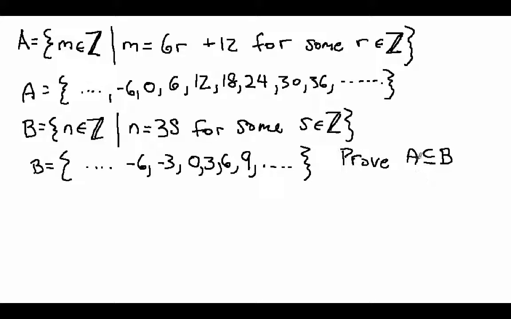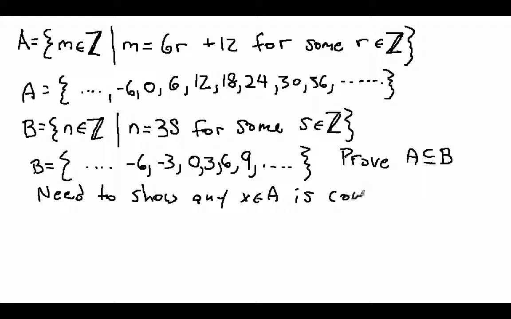That means we have to show that any x contained in A is contained in B. Now, first of all, just looking at these sets, I think you can see that that's a true statement. For example, I come over here and I see a 6, and I go, oh yeah, that's in there. And over here I see a 12. Well, that would be the next number right over here.